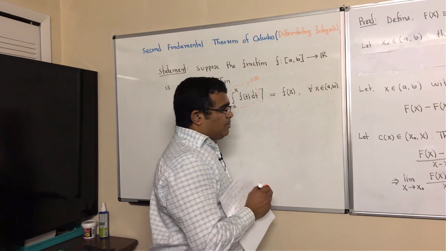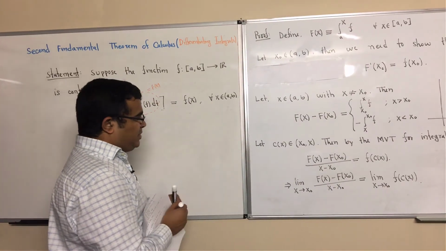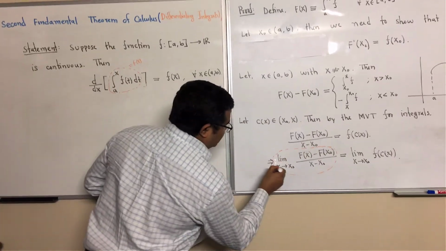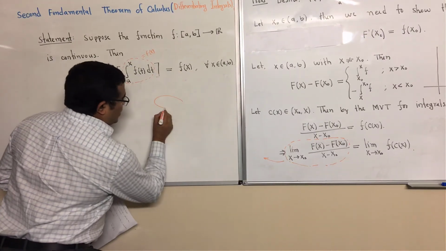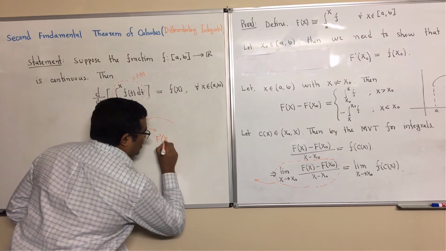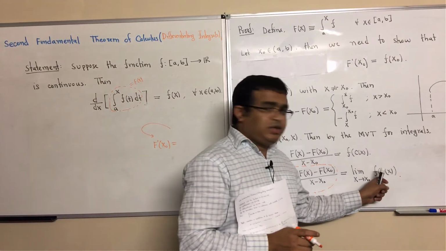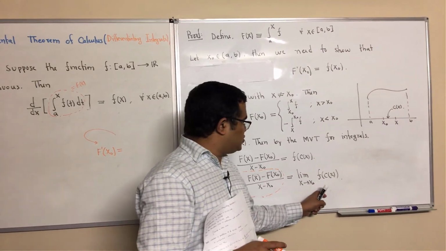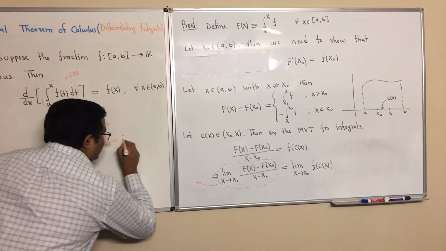Now by the definition of derivative, the left side becomes F prime of x0, and since the function f is continuous and x approaches x0, the right side becomes f(x0).